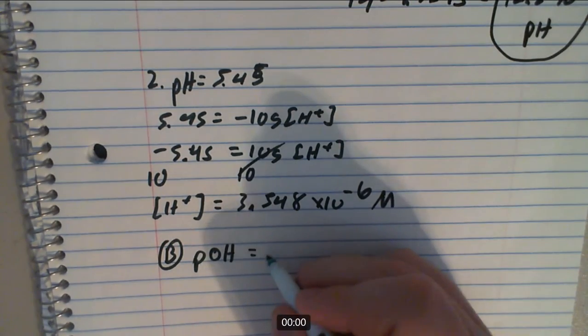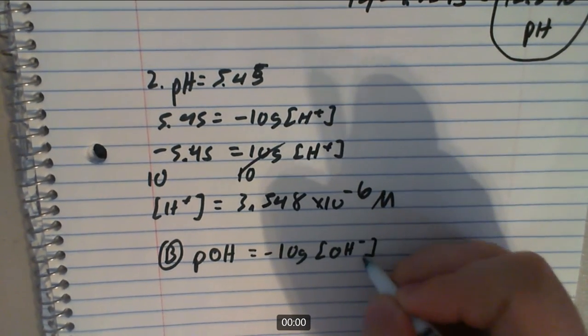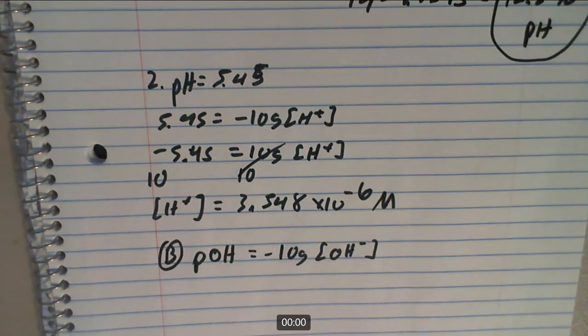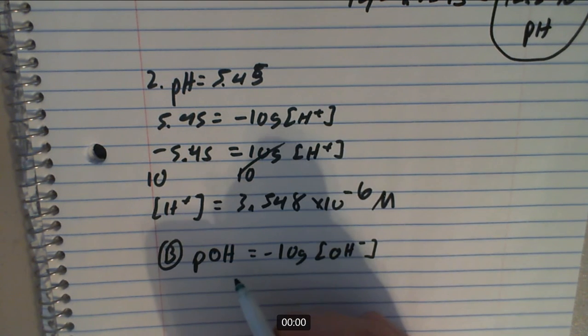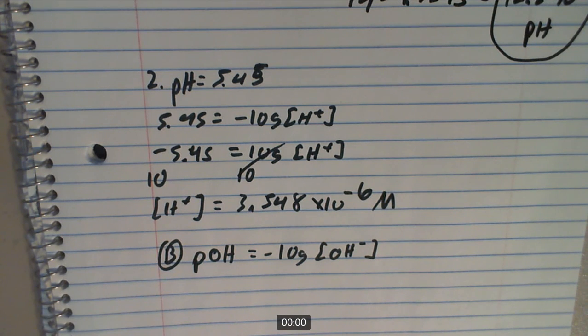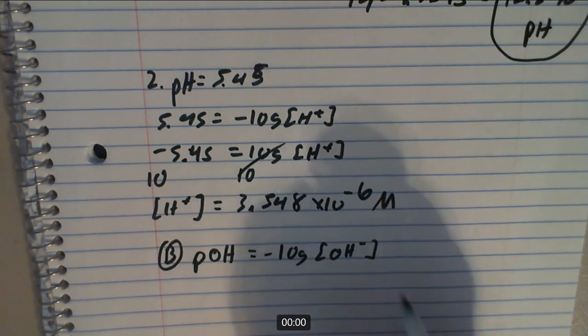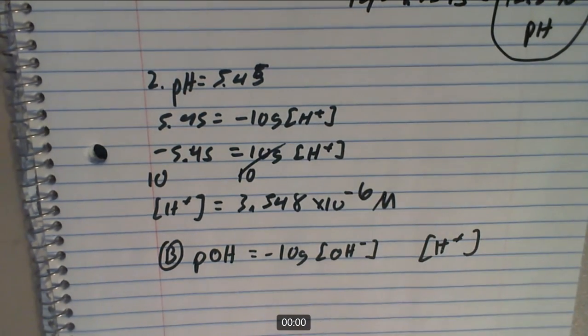pOH equals the negative log of the hydroxide concentration. But I want the hydrogen ion concentration. Why would I do that? 2b is asking for the hydrogen ion concentration, right? I need pH. So we don't need the pOH at all.